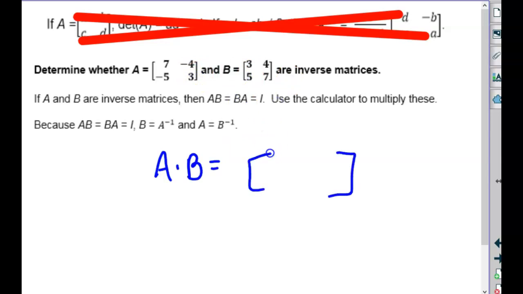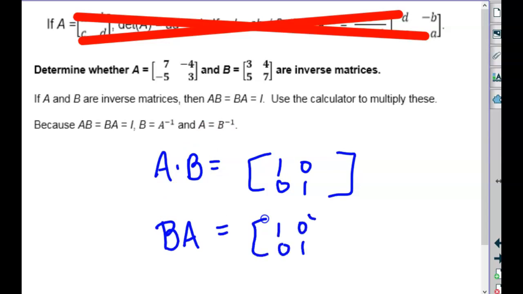A 2x2 that would say 1, 0, 0, 1. It says you should also do B times A and see if you get 1, 0, 0, 1. Because this is just a whole bunch of calculator garbage, I'm just going to show you. Can I just show you? Okay.